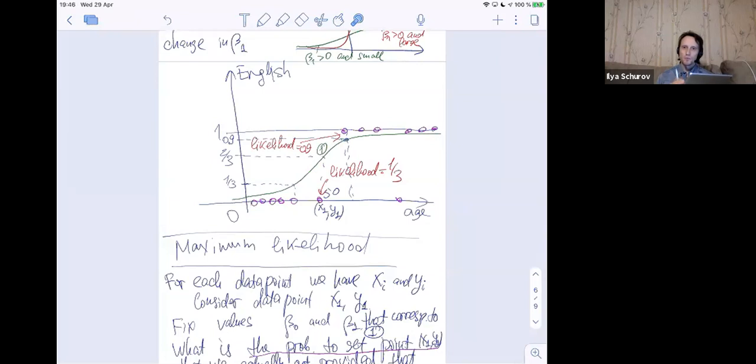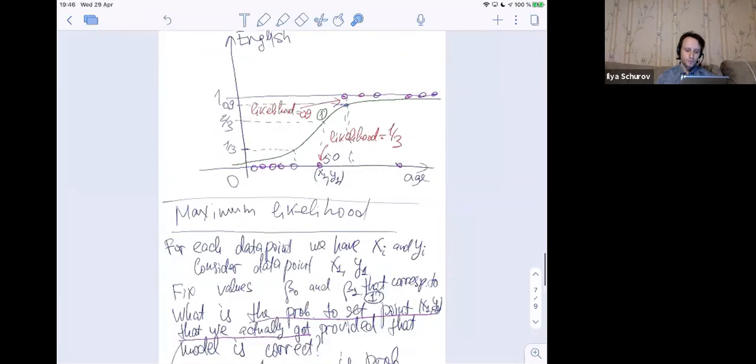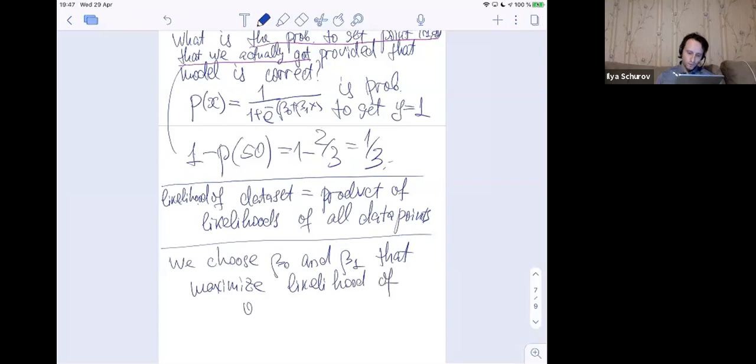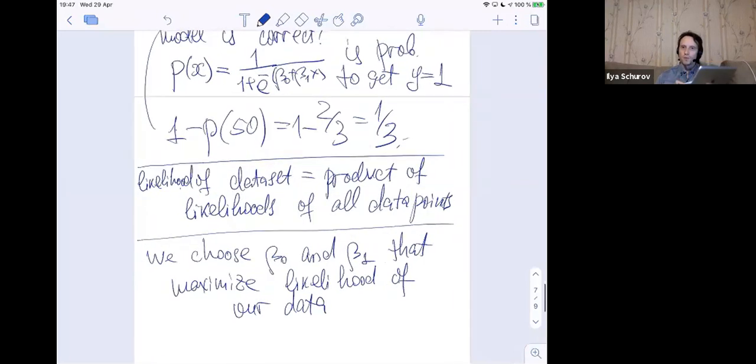So I try to maximize the likelihood. And that's all. This is called maximum likelihood estimation.